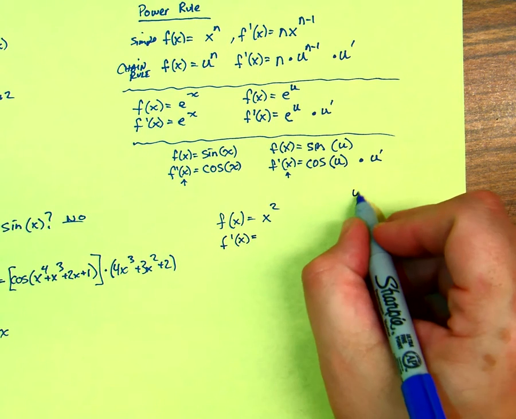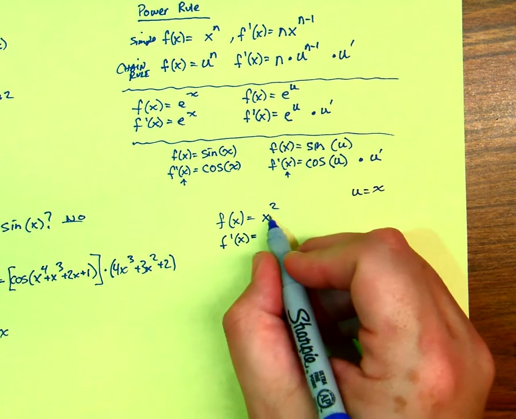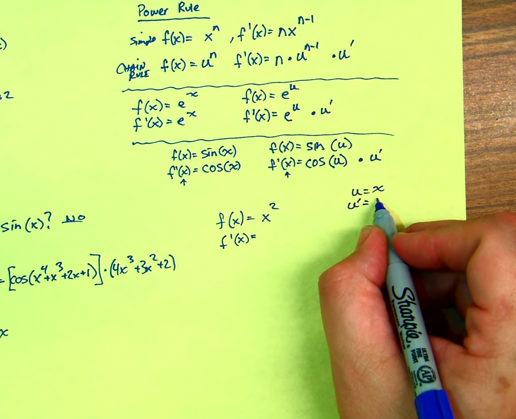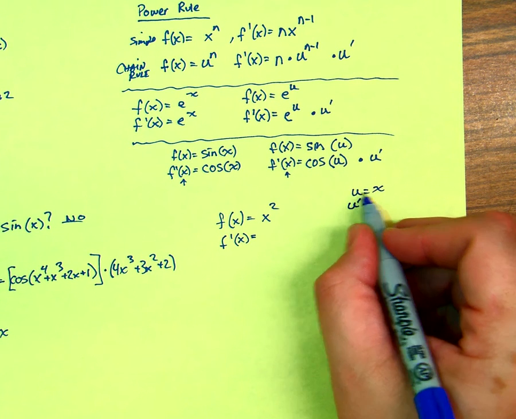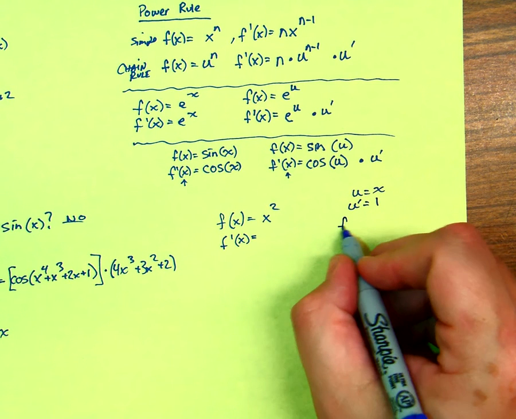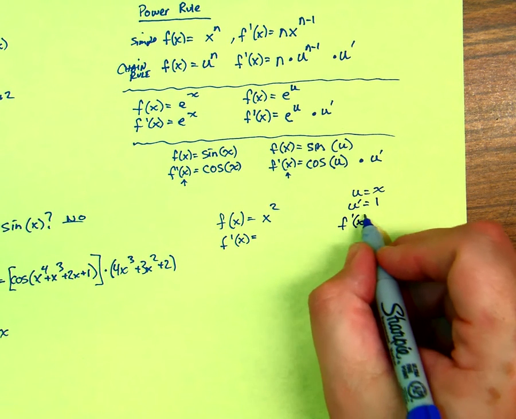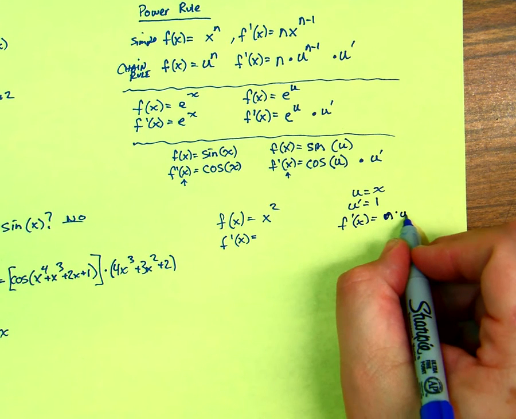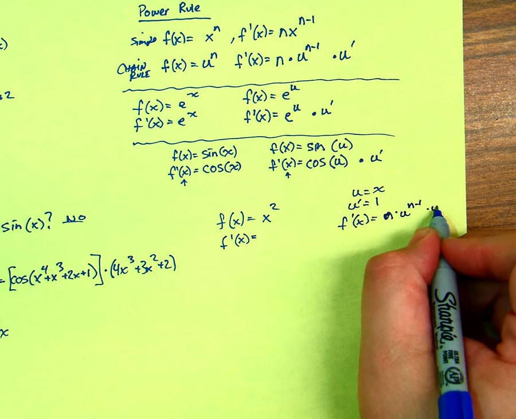What's u prime? What's the derivative of x? 1. So remember, the generalized power rule is going to be n times u to the n minus 1 times u prime.